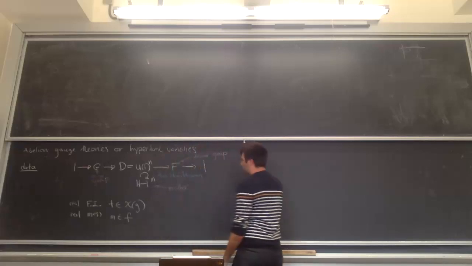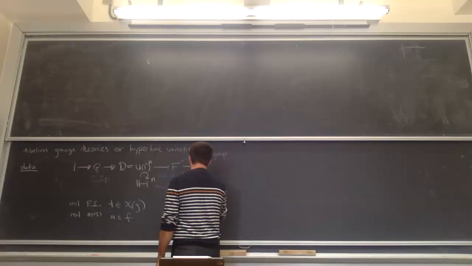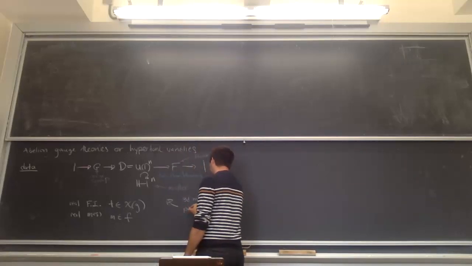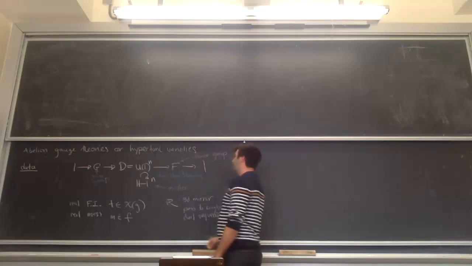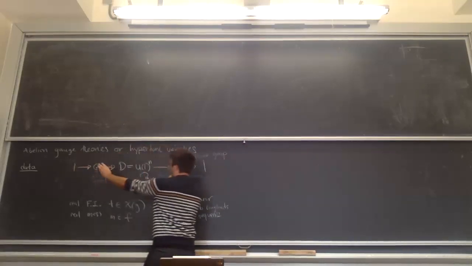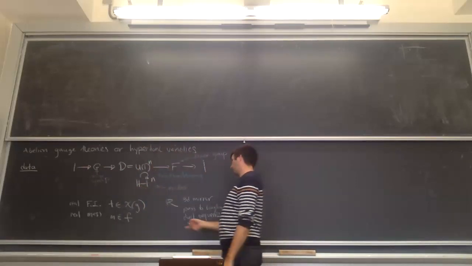And so the 3D mirror is passed to the Langlands dual sequence. That's going to reverse the direction of this sequence, and then you keep the same matter representation.